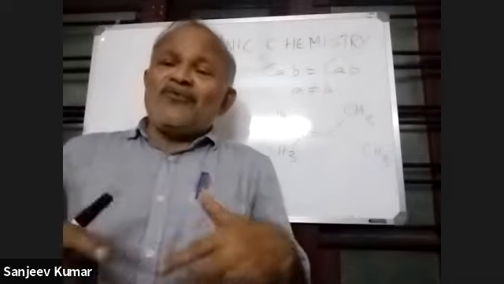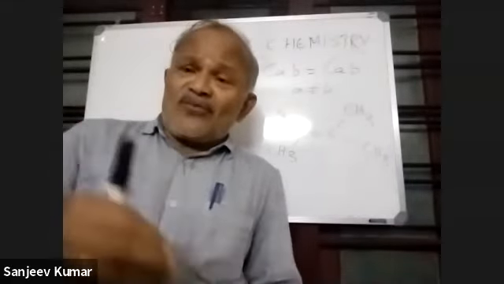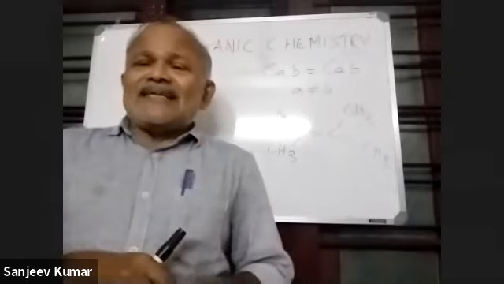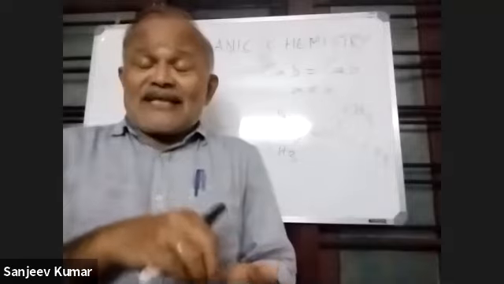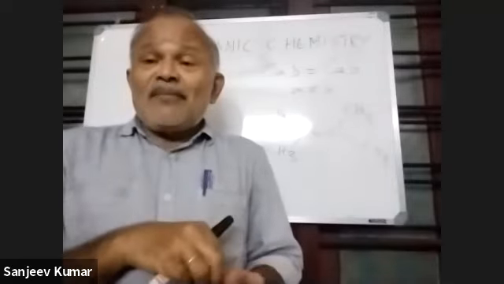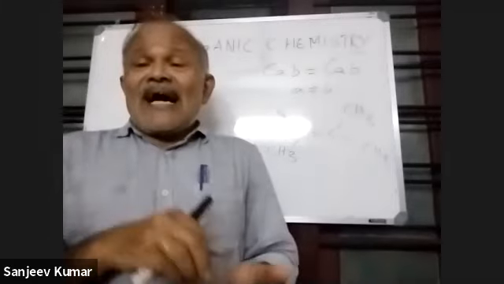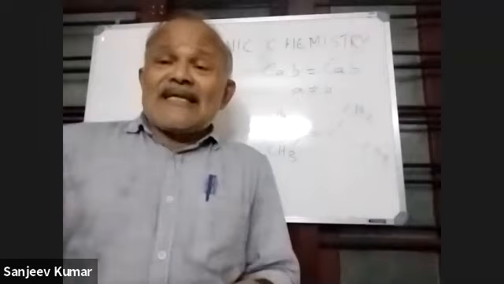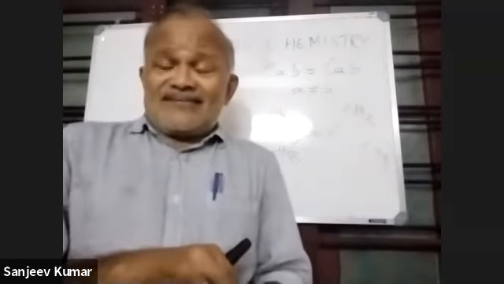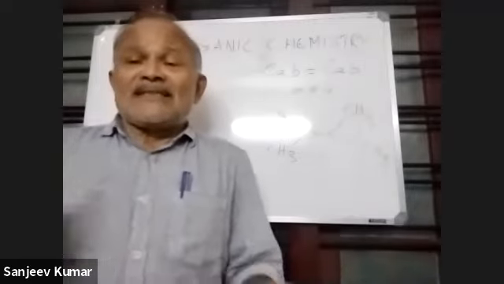Similarly, there is electrophilic substitution reaction if the attacking group is an electrophile, that is, the substitution takes place by an electrophilic mechanism. An electron-rich center is there, and it will be attacked by an electrophile. Then it is an electrophilic substitution mechanism.